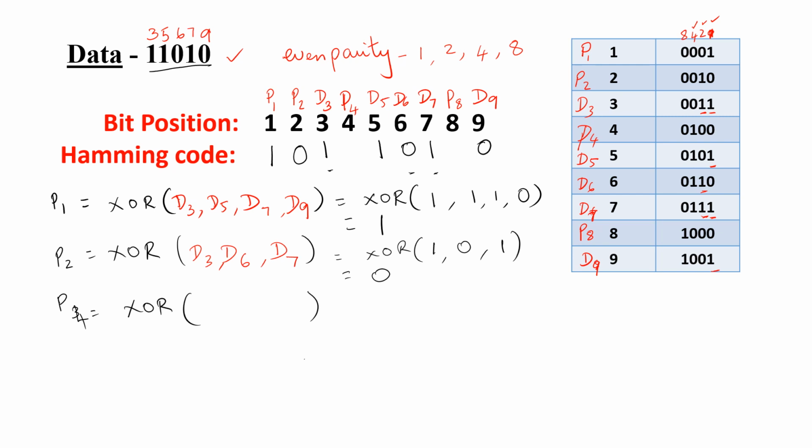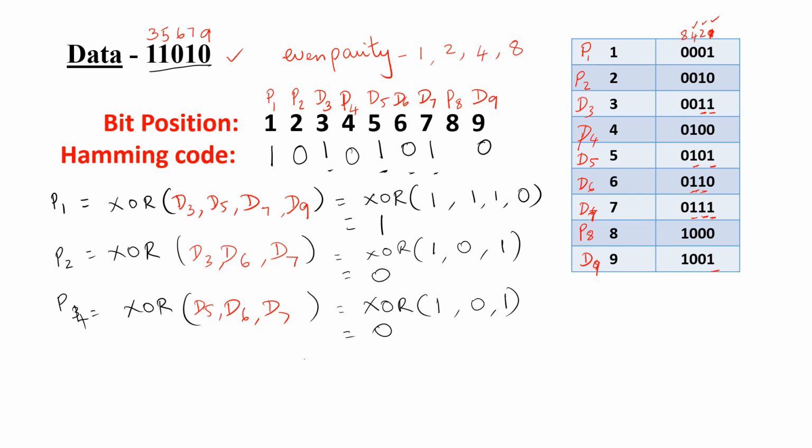In D5 the third bit is 1, D6 third bit is 1, D7 third bit is 1. So D5, D6, D7. That is equal to XOR of, D5 is 1, D6 is 0 and D7 is 1. So even number of ones and output is 0. So P4 is 0.